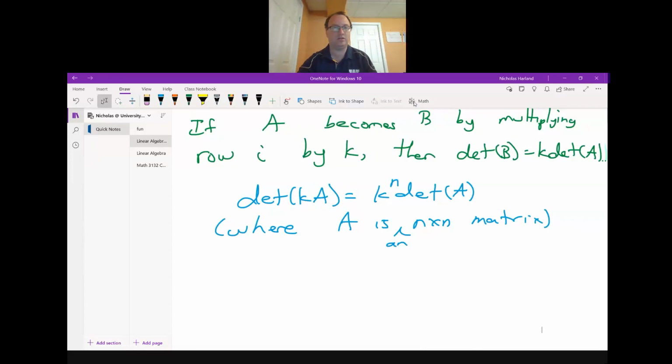That being said, we're going to look at this property a little bit more and think back to something we saw with elementary matrices back in a previous video.